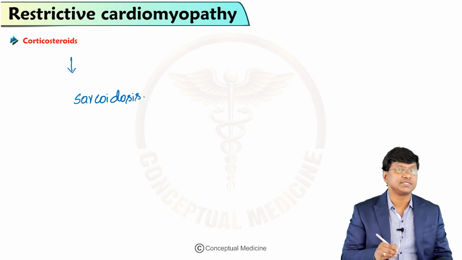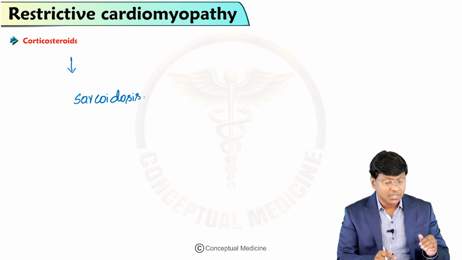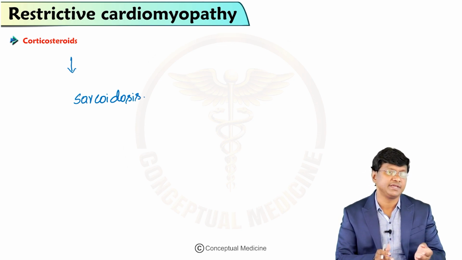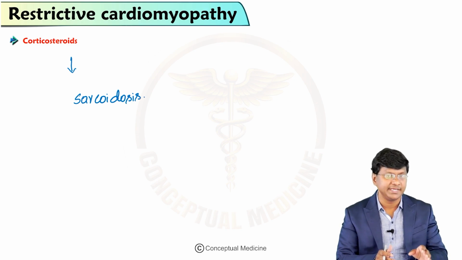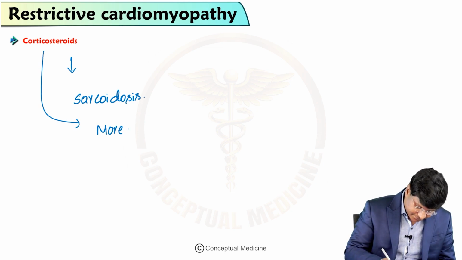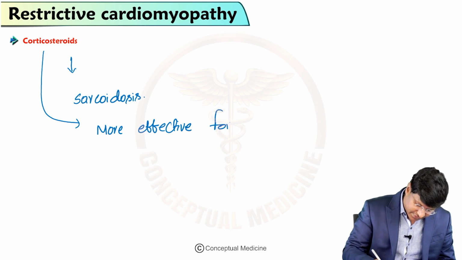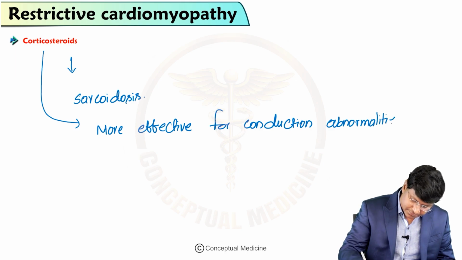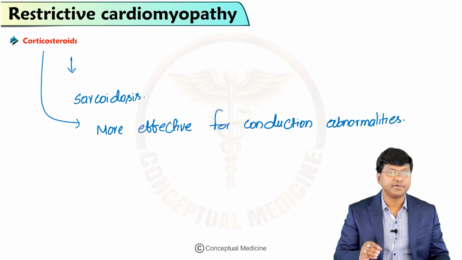If sarcoidosis is the cause for restrictive cardiomyopathy, corticosteroids may be helpful, but they are more effective for conduction abnormalities than compared to heart failure.